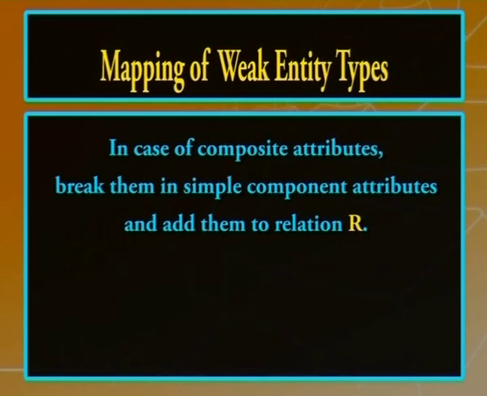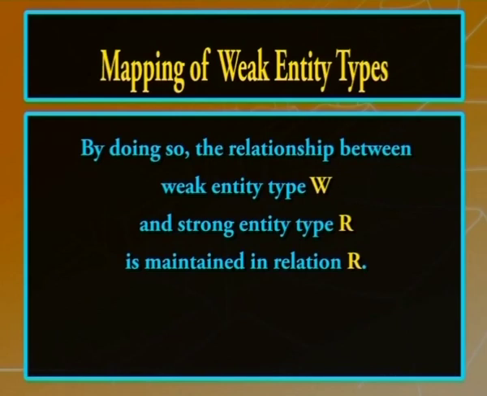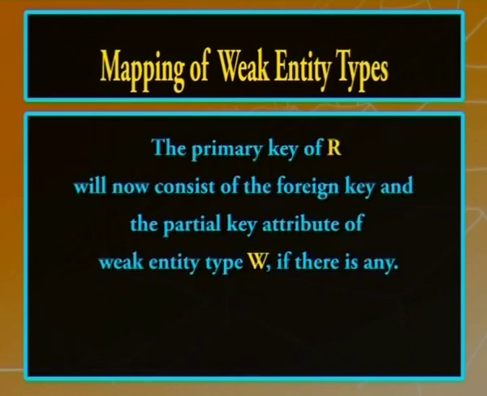In case of composite attributes, break them into simple component attributes and add them to the relation R. Add primary key or keys of strong entity type E as foreign key to R. By doing so, the relationship between weak entity type W and strong entity type E is maintained in the relation R. The primary key of R will now consist of the foreign key and the partial key attribute of weak entity type W if there is any.